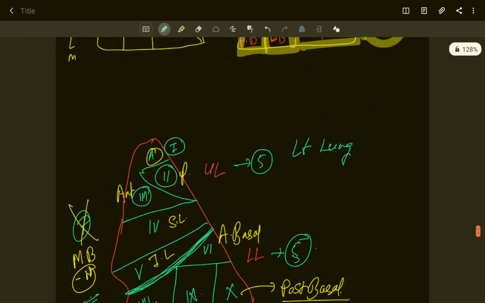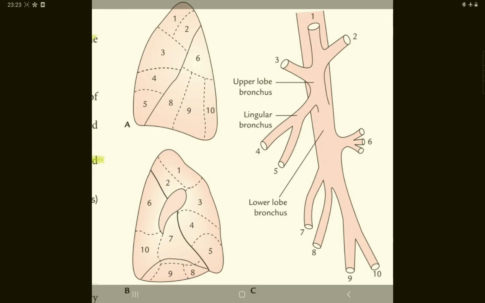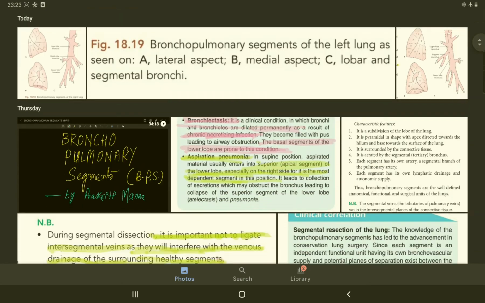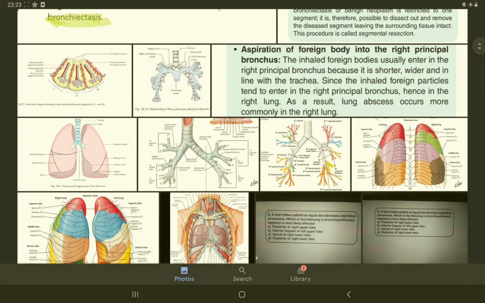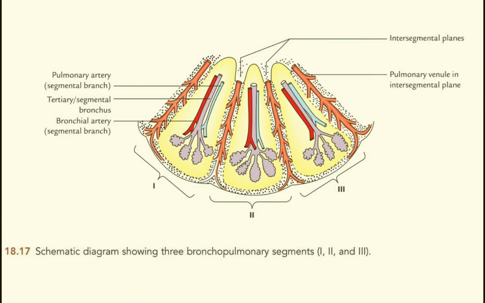So that's all. Now the clinical importance. Before clinical importance, I have to show you one diagram. This question was repeatedly asked in competitive exams. In JIPMER, these structures were asked: identify structures D. Structures D is nothing but your pulmonary vein.